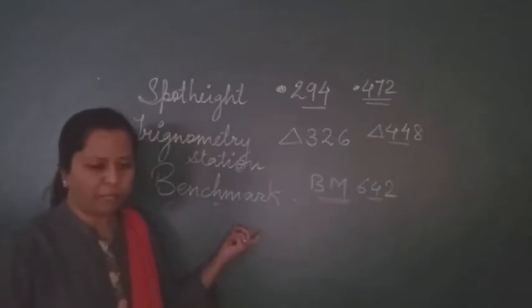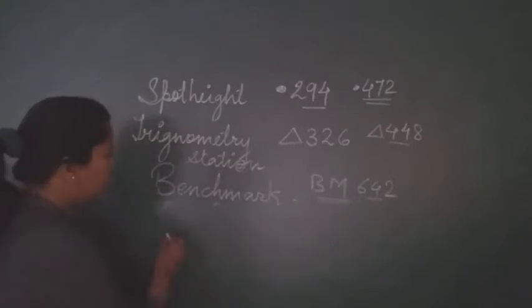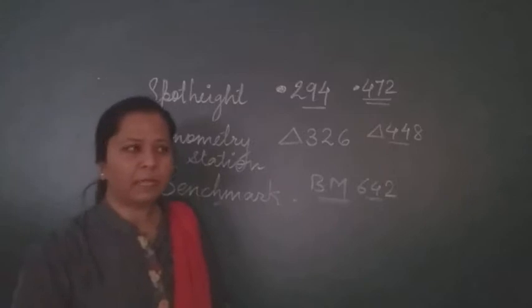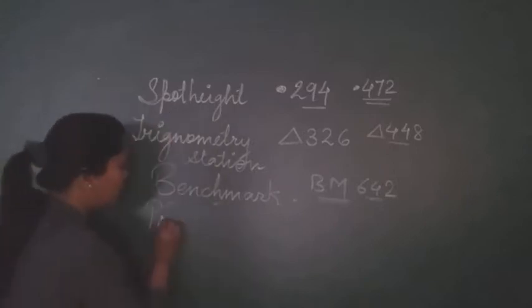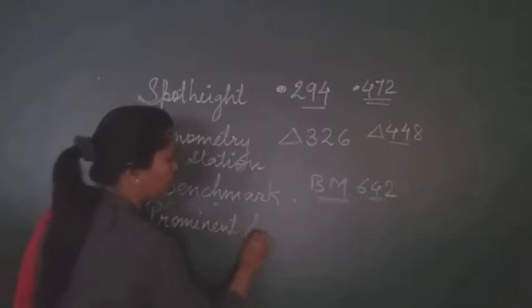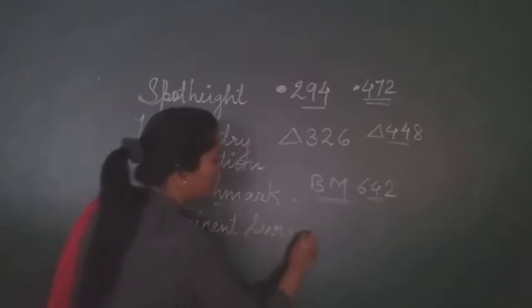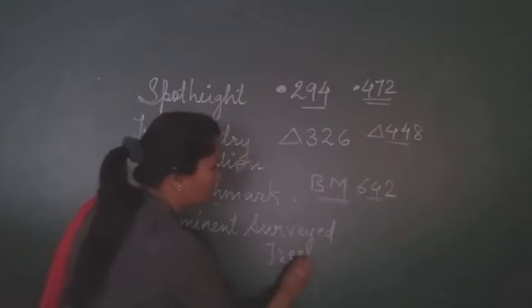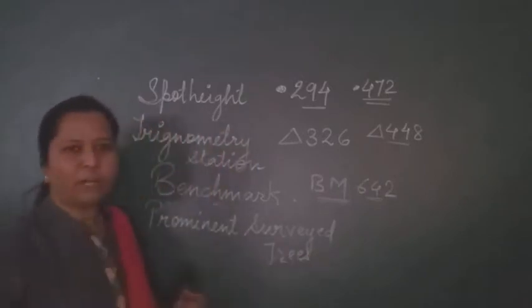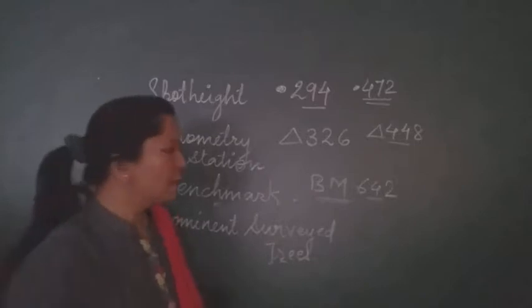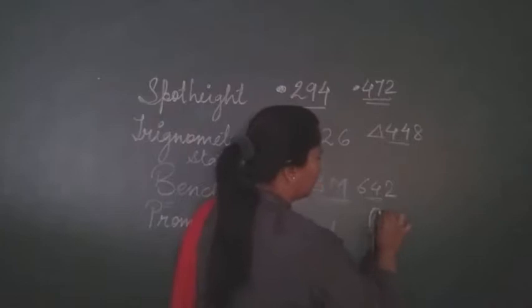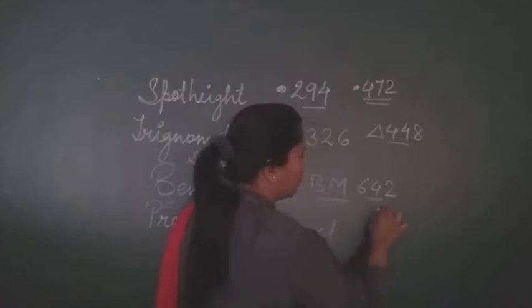Now after this, there is one more symbol which can be seen on your topographic maps, and that is for the prominent surveyed trees. Students, the prominent surveyed trees symbol you will usually find on your topographic maps in black color.